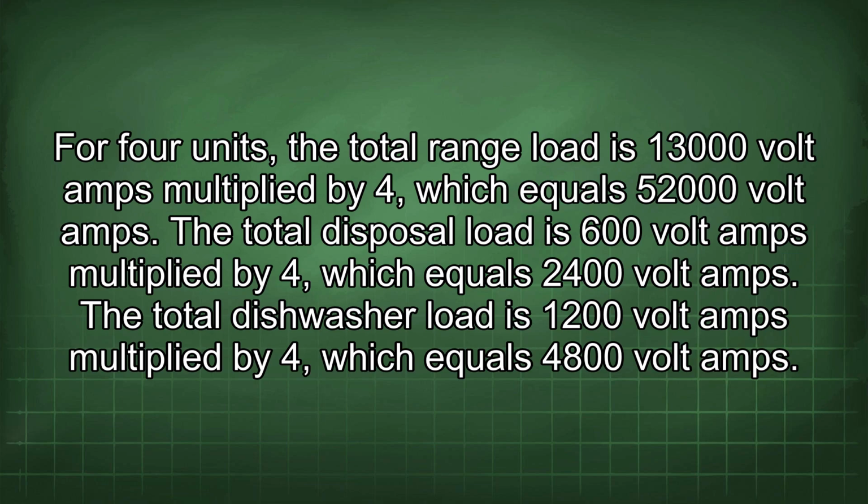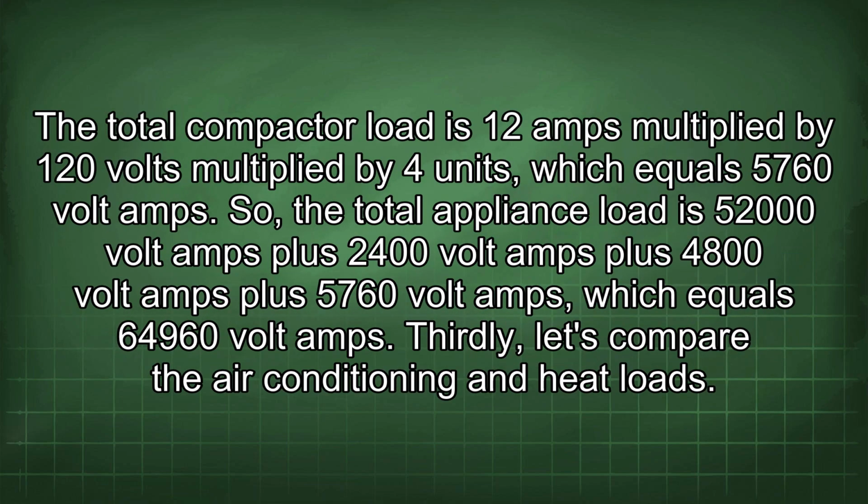The total dishwasher load is 1200 volt amps multiplied by 4, which equals 4800 volt amps. The total compactor load is 12 amps multiplied by 120 volts multiplied by 4 units, which equals 5760 volt amps.